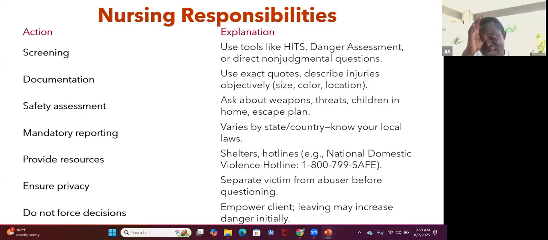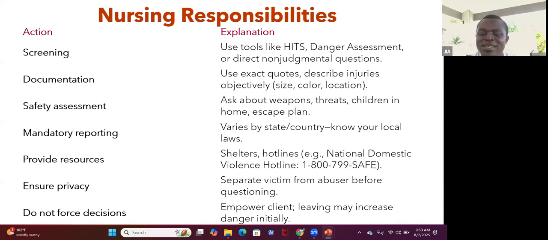Then we have the danger assessment too. These are things you can use to screen to find out whether the patient was abused or is under abuse. Then you have to document. The documentation is very important. Use exact quotes, please.